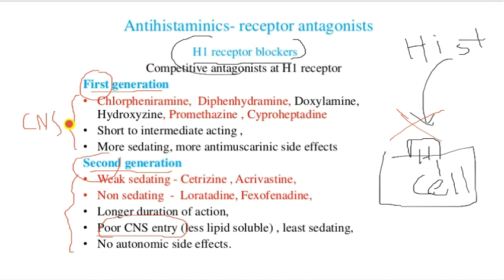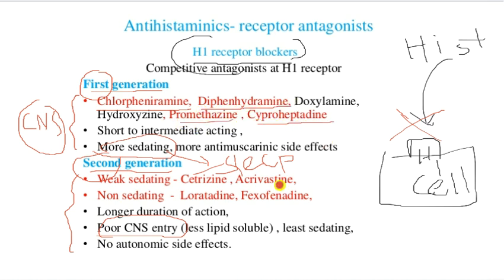If the drug can enter the central nervous system, most of the time the adverse effect is sedation. The person tends to undergo sleep and dizziness. Examples of first generation H1 blockers are chlorpheniramine, diphenhydramine, promethazine, and cyproheptadine.